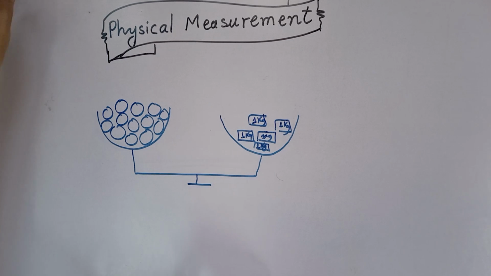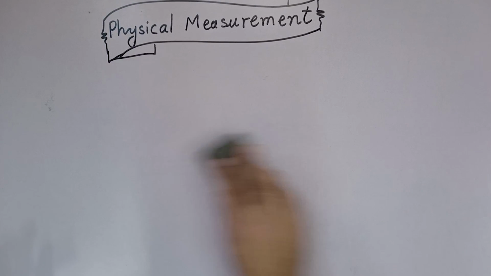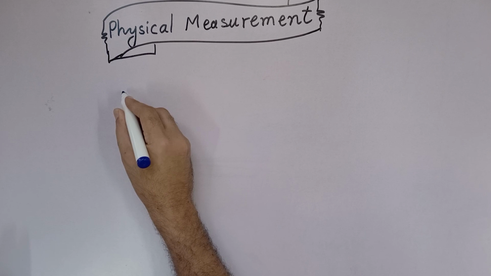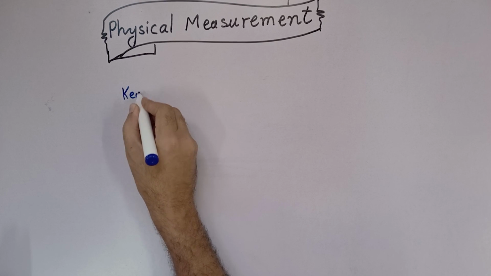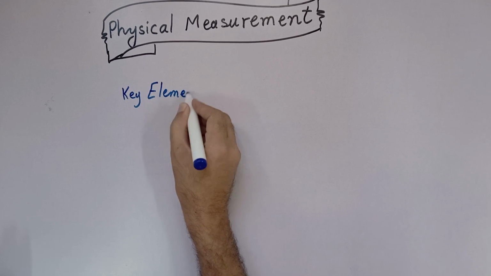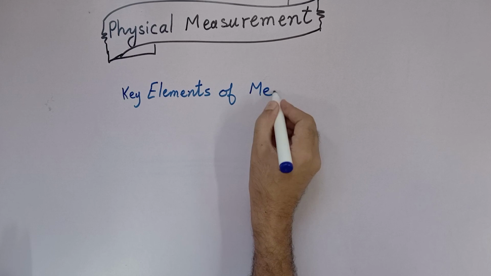So if you want to measure something, you have to have 3 key elements. What are the key elements of measurement?